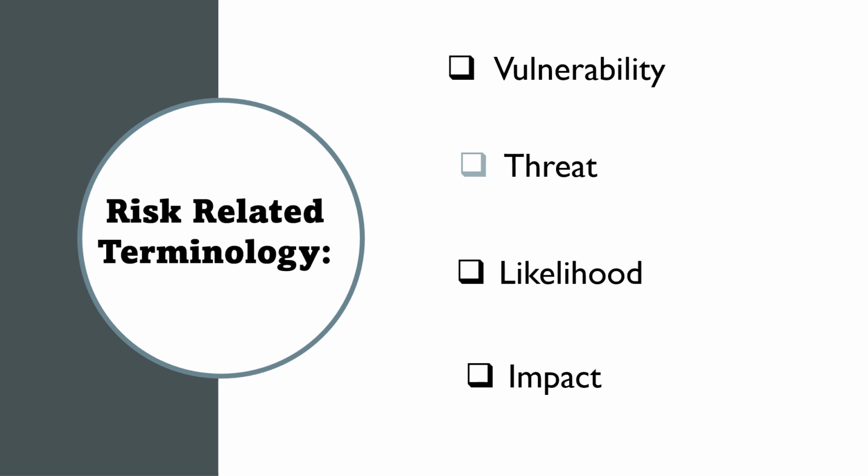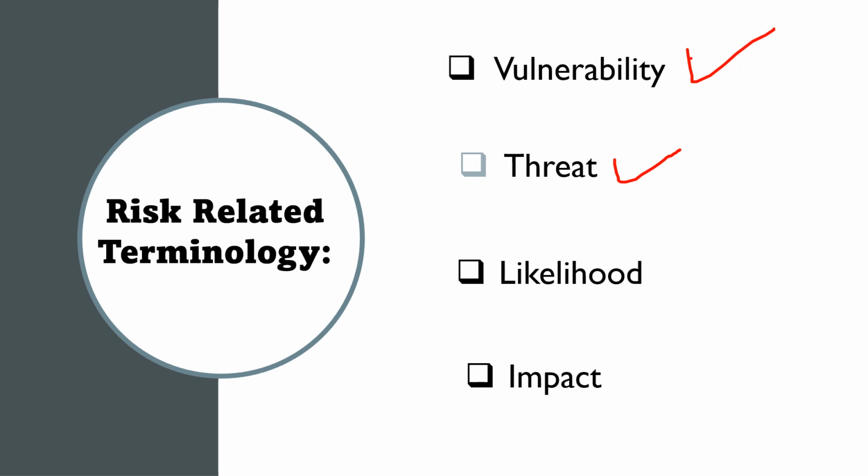Before starting, let's discuss some basic terminologies: vulnerability, threats, likelihood, and impact. What is vulnerability, guys? Vulnerabilities are the weaknesses or loopholes in a particular system from where the attackers can gain access. And threats are actionable in nature, and are responsible for exploiting the vulnerabilities.